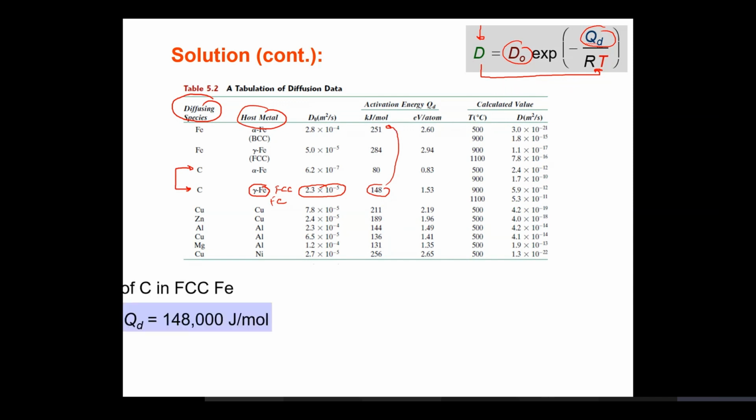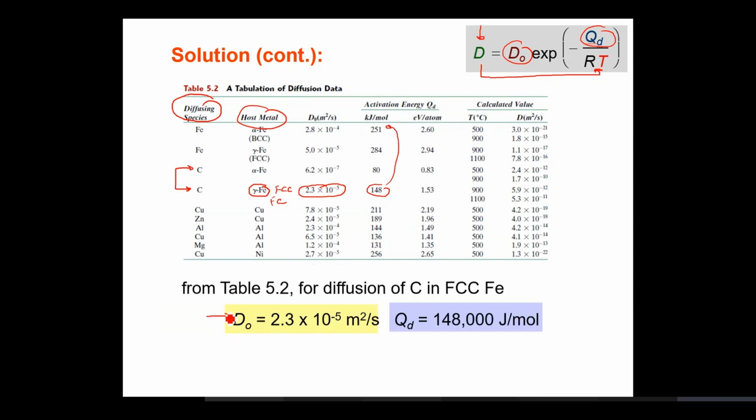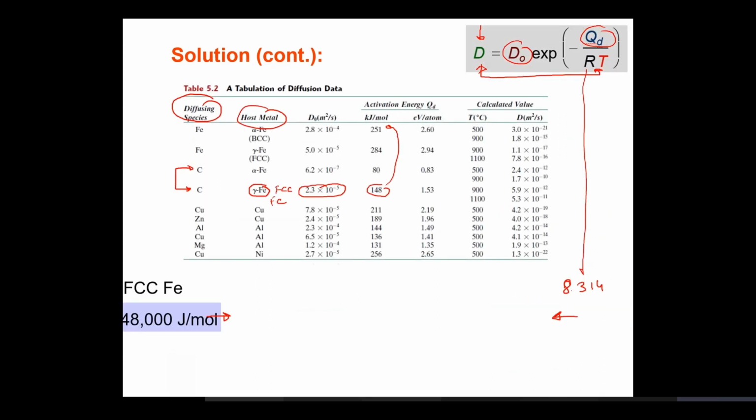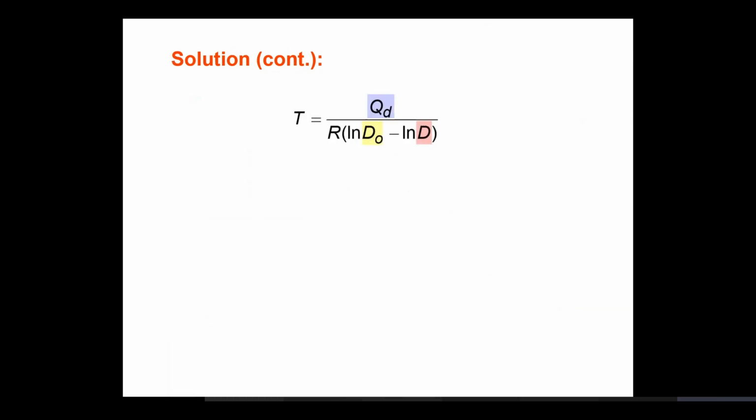With these values, so if D naught is known to you, QD is known to you, R is 8.314, and diffusion coefficient you have already found out in the last slide, which is 2.6 into 10 to the power minus 11 meters square per second. With this information known to you, what you have done is again you have rewritten the expression.